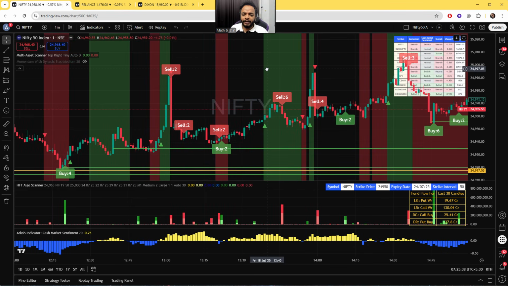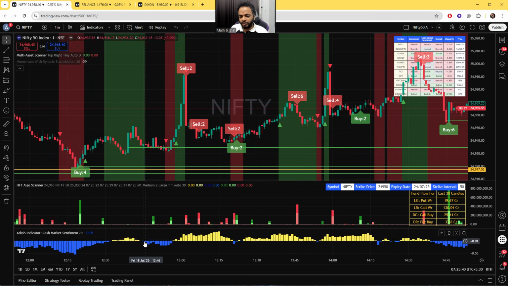While it was going up, it was showing negative, and then even though it started coming down, the indicator values did not go down that much. So it's showing you from the cash segment whether the sentiment is positive or negative.